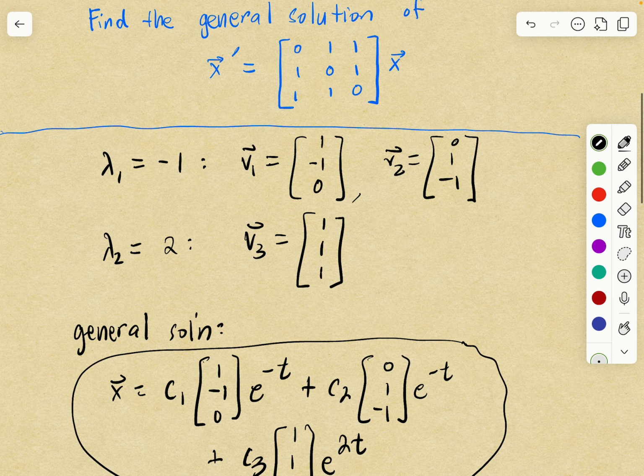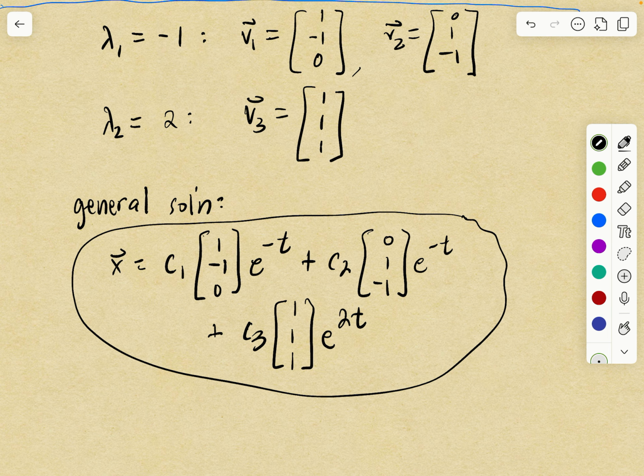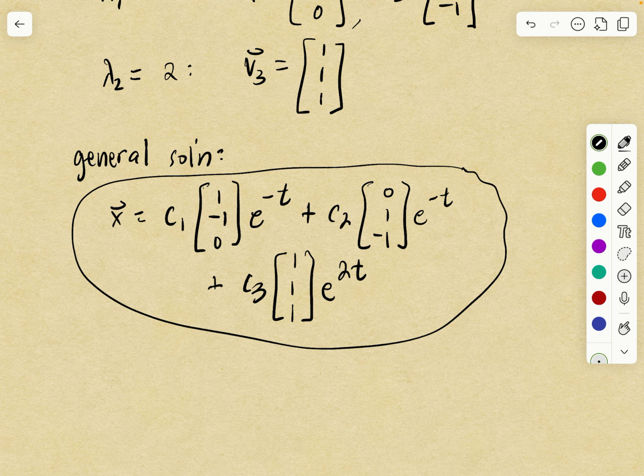So notice that we have a repeated eigenvalue, -1, that has a multiplicity of 2, but we were still able to find the general solution because, as long as the matrix A is diagonalizable, you're able to find independent eigenvectors, and it's really the n independent eigenvectors that you need. Once you have the n independent eigenvectors, you can write down the general solution.